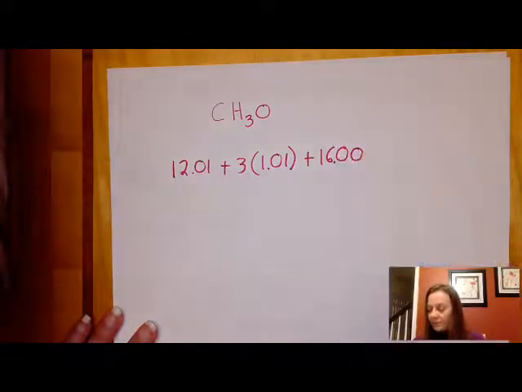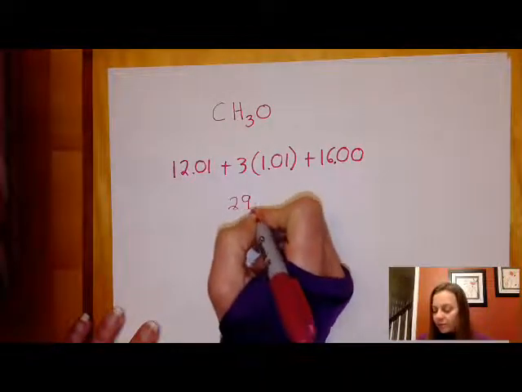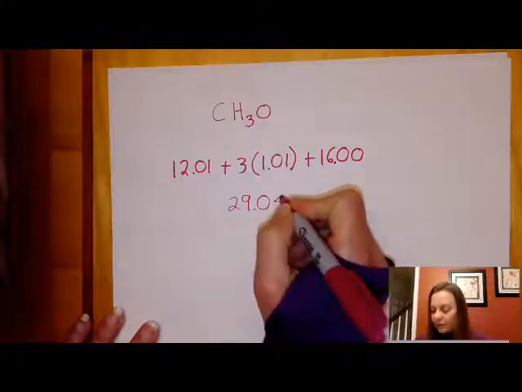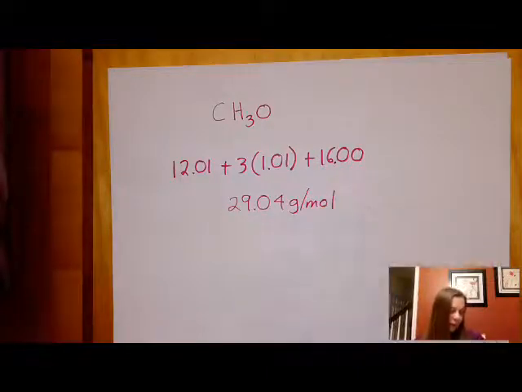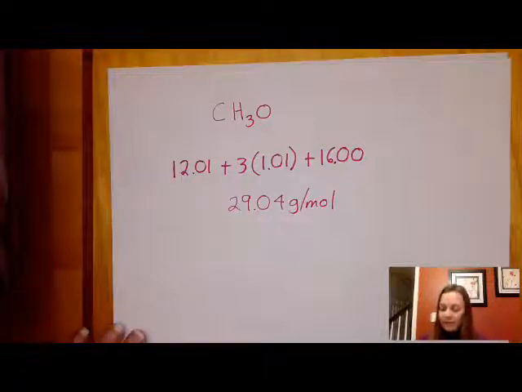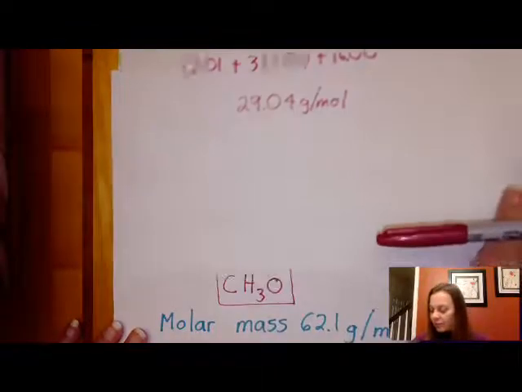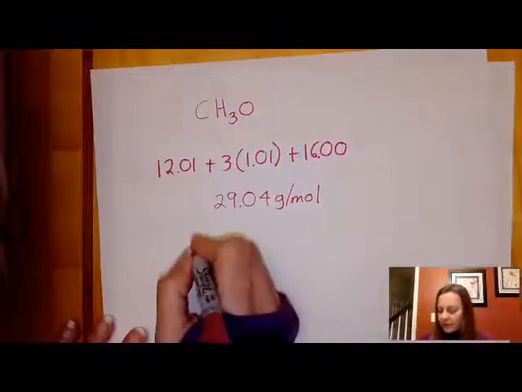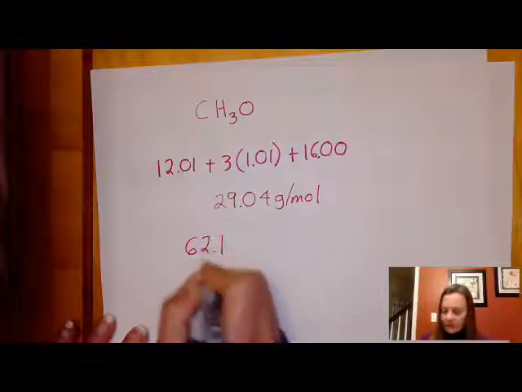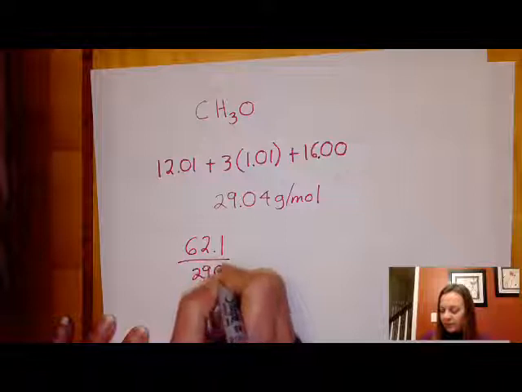Oops, lost a decimal place there. So we have 29.04 grams per mole. And then we need to divide the, did I do that correctly? Yes, okay. We're going to be given the molar mass, and we were given the molar mass as 62.1 grams per mole. And so we have 62.1 divided by 29.04.